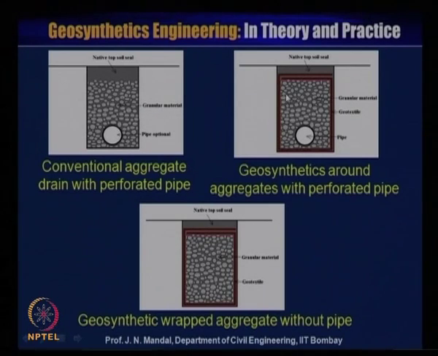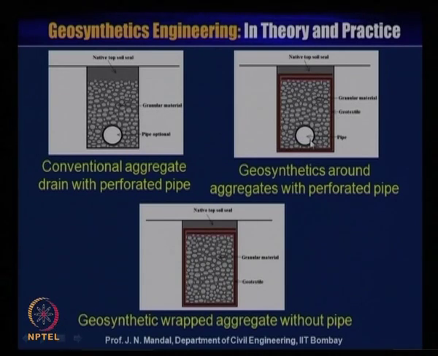Therefore, it is preferable that you provide geosynthetics, this red color geosynthetics, around the aggregate with perforated pipe. That is optional. You can provide a perforated pipe, or it is not necessary to provide the perforated pipe. Here geosynthetics around aggregate with perforated pipe, and here geosynthetics wrapped around aggregate without pipe.